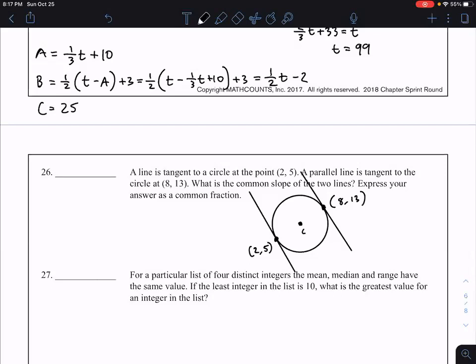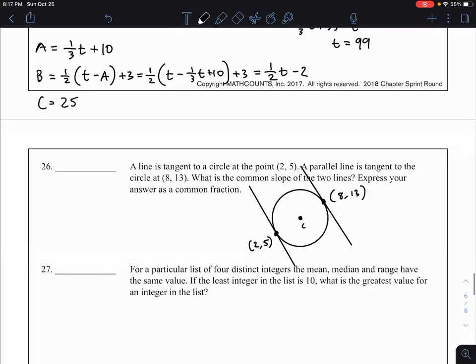Okay. So since we know that the lines are tangent to the circle, that just means that if you connect the tangent point with the center of the circle, you'll form a right angle or a perpendicular line. So this is the same for the other line.